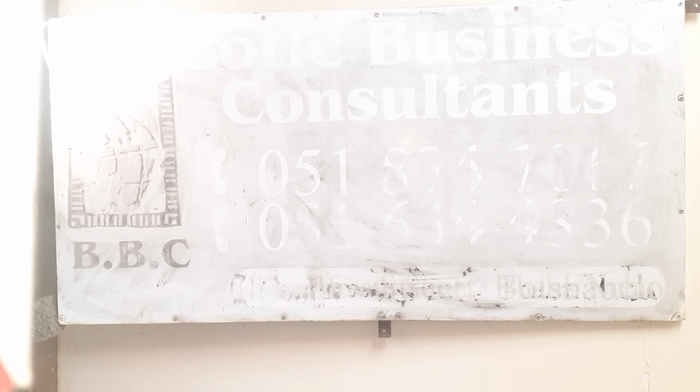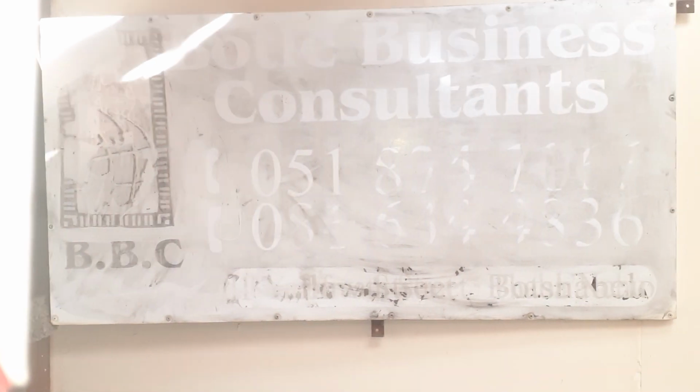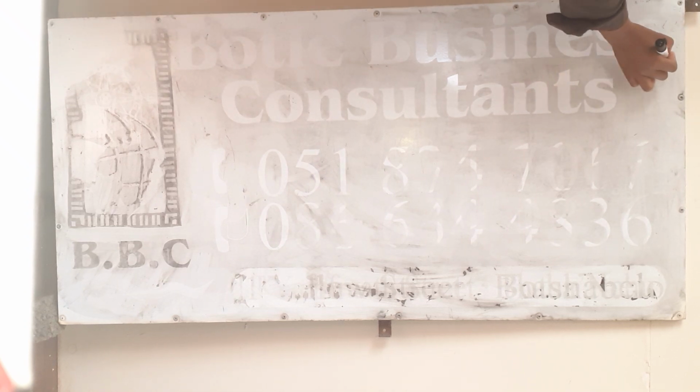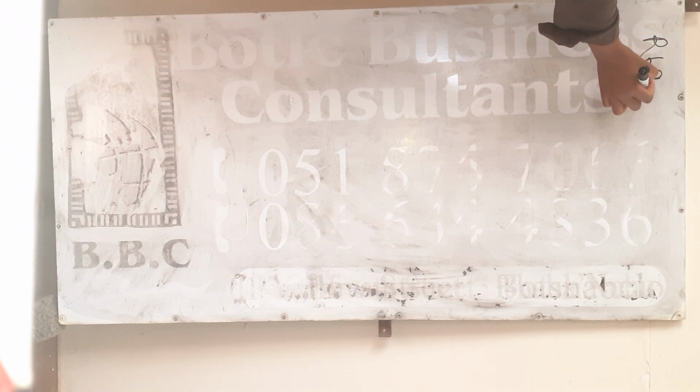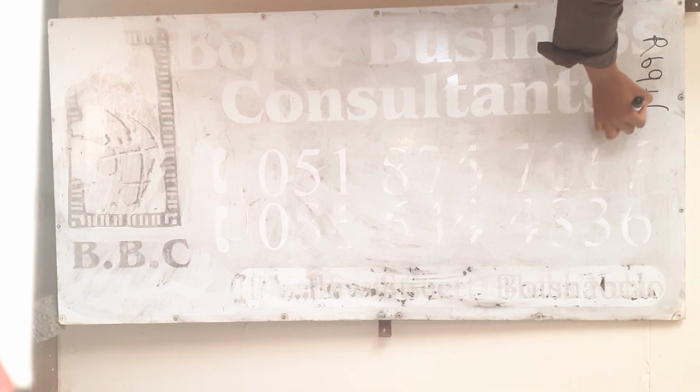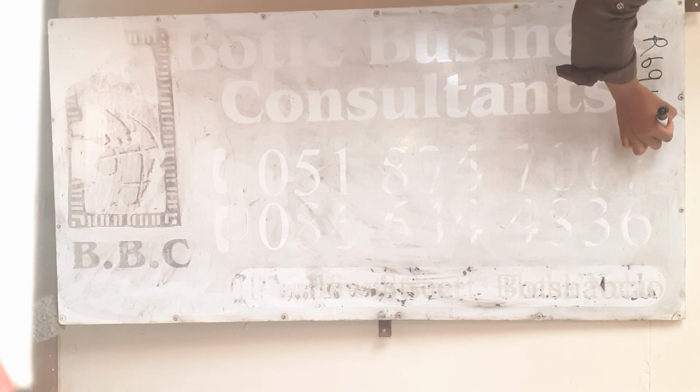So 1 kg of beef is 69 rand. So the customer will pay 69 rand for the 1 kg, and for the half, the customer will pay half of 69.